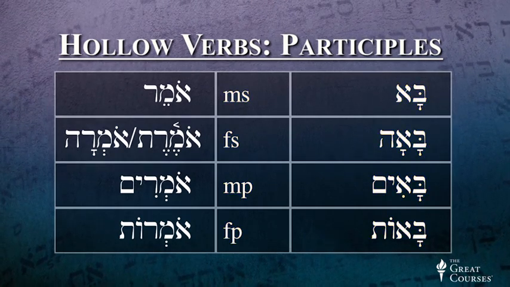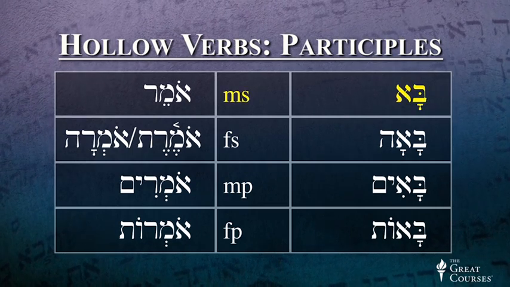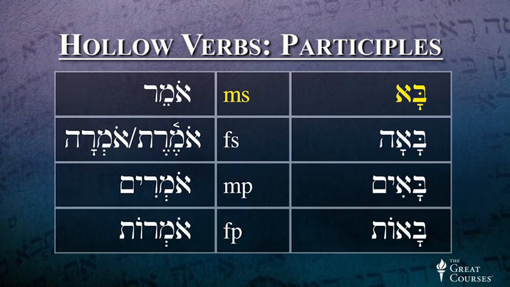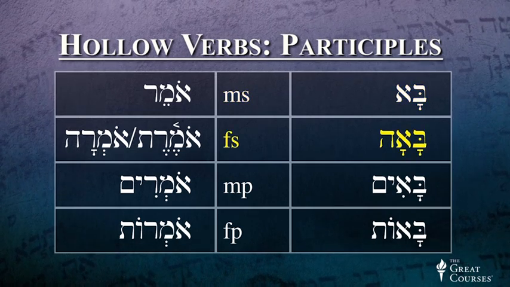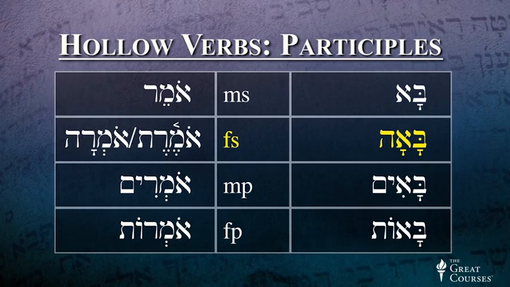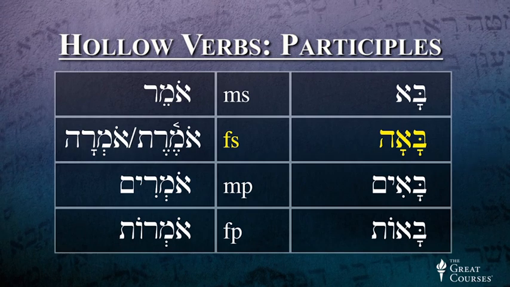That also means that the masculine singular participle is ba, same as the third masculine singular perfect. And the feminine singular participle is ba'a, same sounds as the third feminine singular perfect, but with a different accent.